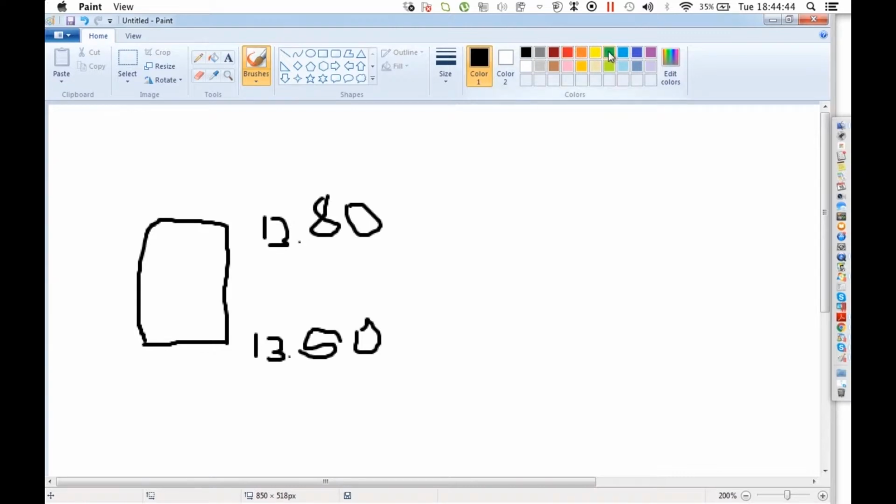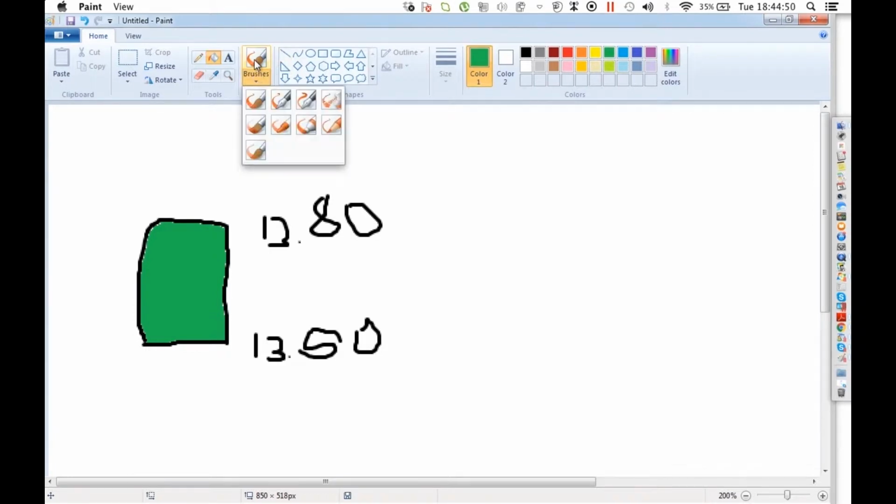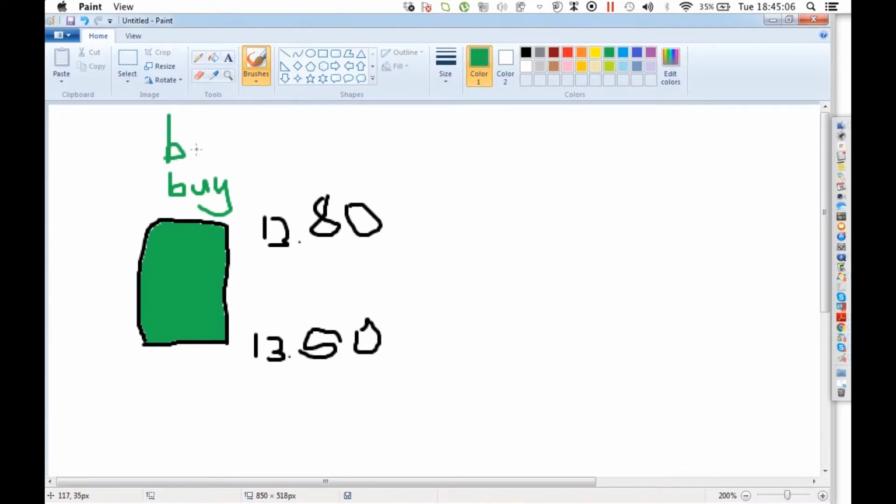That's when buyers had power, and this will typically be green. Like I say, you can set it to any color you want, but the OpenEye Forex way, we have it as green. So this will be a buy candle, also known as a bull candle.